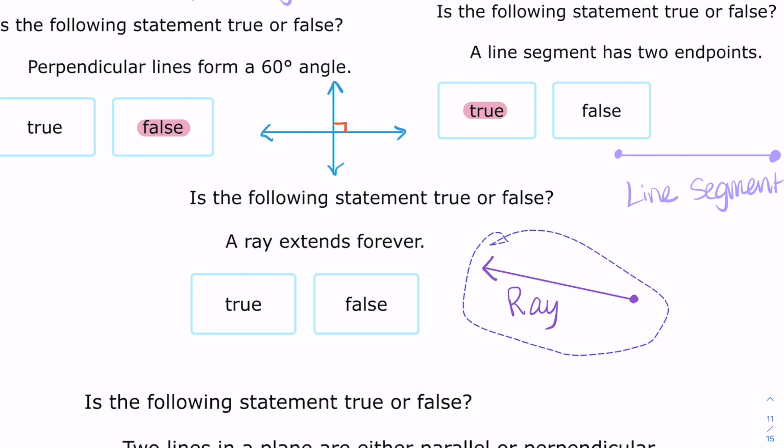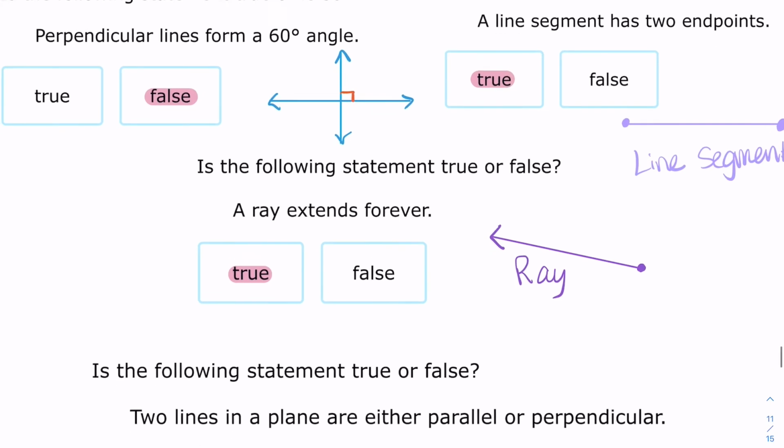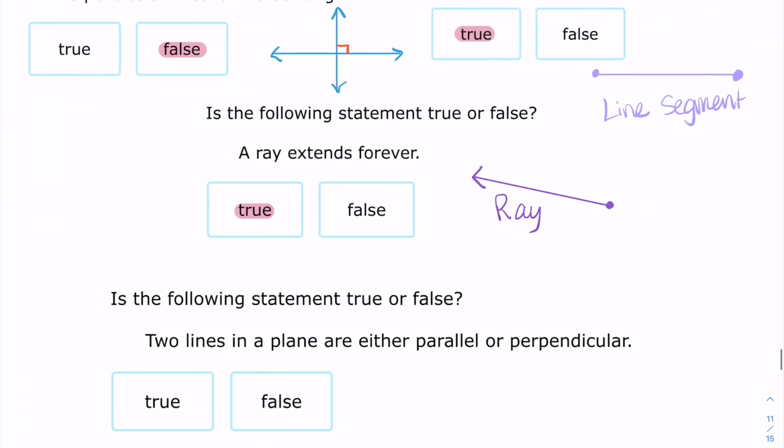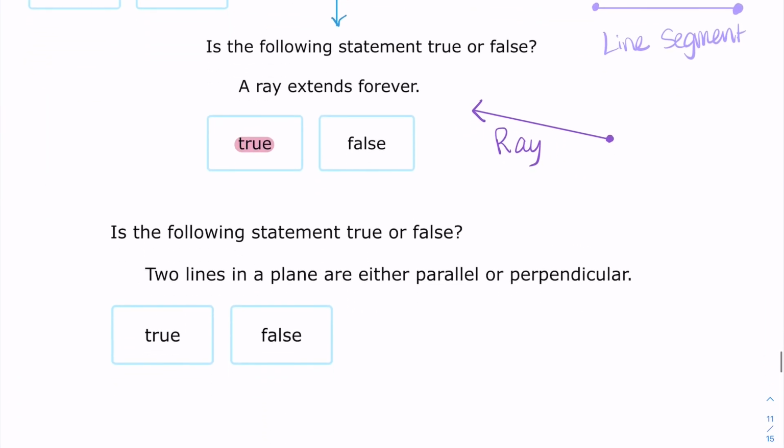I'm assuming the people who program this question would choose true. It does go on forever. I guess it's generally speaking only in one direction, so it does. It doesn't go on forever in the other direction. I think they would put true here, but that's a weird way of asking that question.